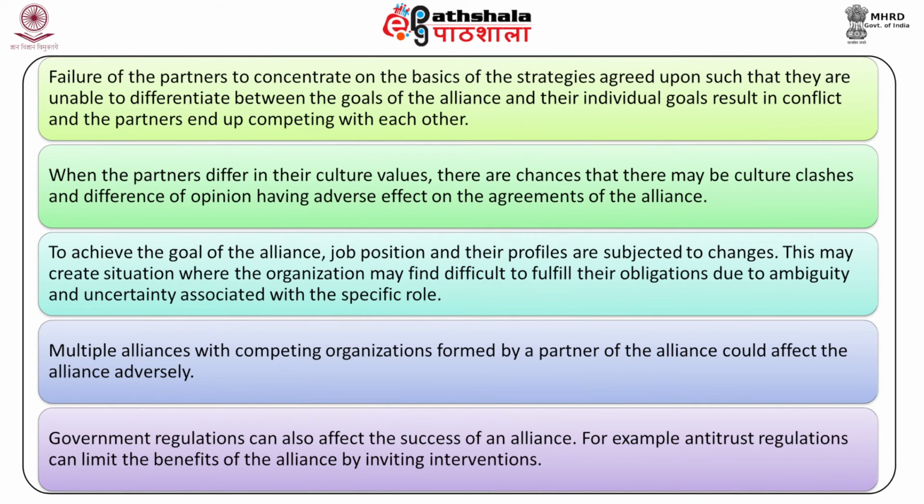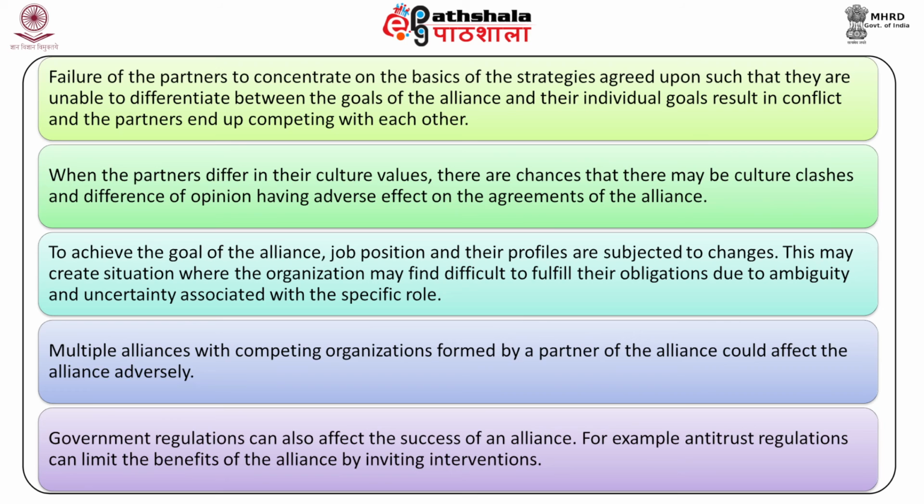Fifth, failure of the partners to concentrate on the basics of the strategies agreed upon, such that they are unable to differentiate between the goals of the alliance and their individual goals, results in conflict and the partners end up competing with each other. Sixth, when the partners differ in their culture and values, there are chances that there may be cultural clashes and differences of opinion having an adverse effect on the agreement of the alliance.